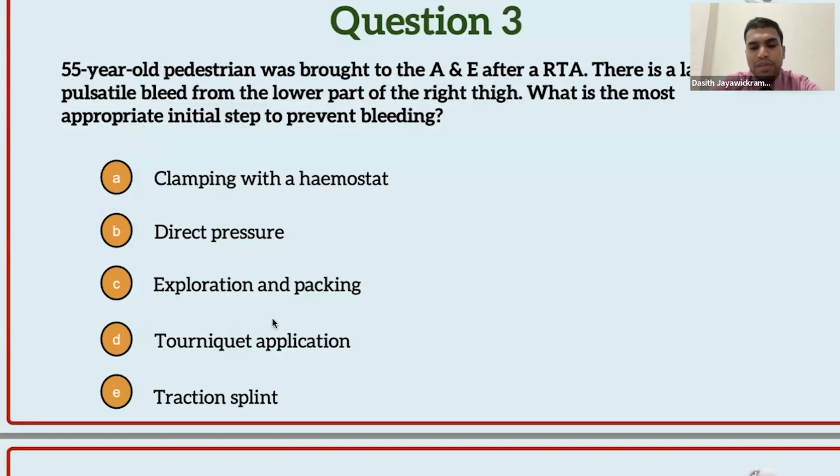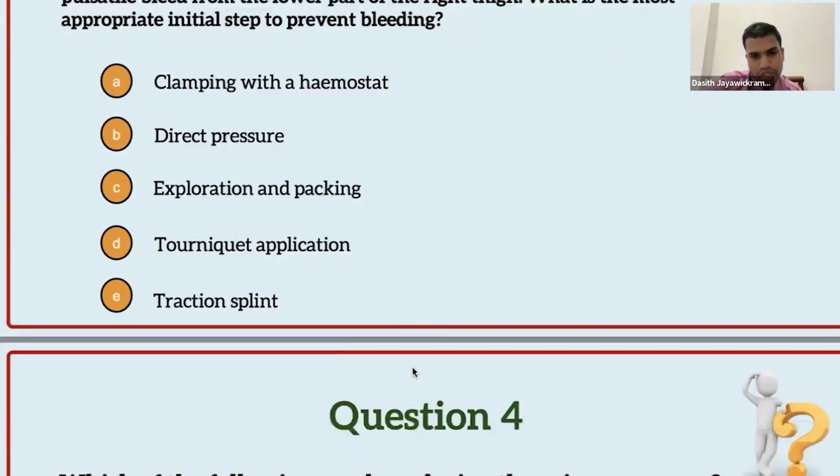Traction splint is not useful here at all. I hope you got the concept: pressure first, then if it fails, tourniquet, and exploration and packing is the last resort. Clamping is not recommended blindly because of the damage it can cause to other important surrounding structures.